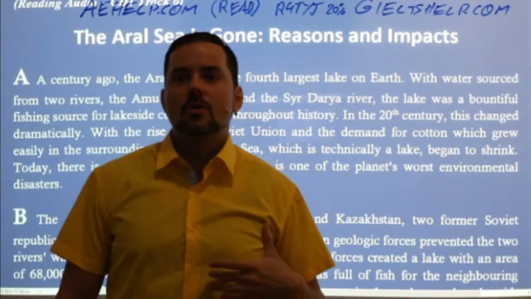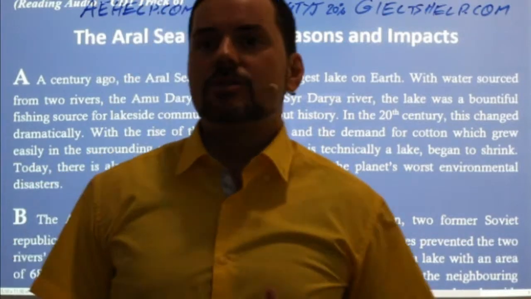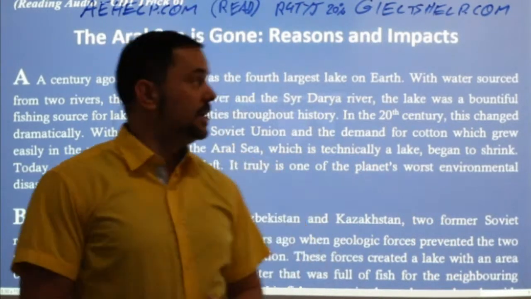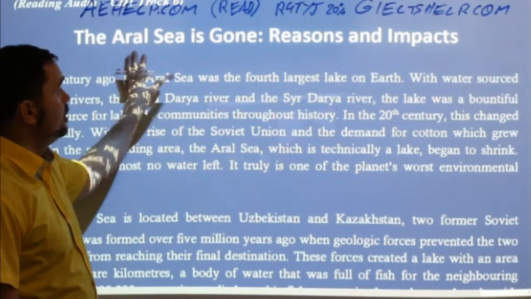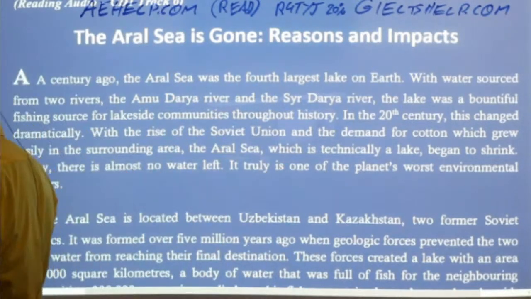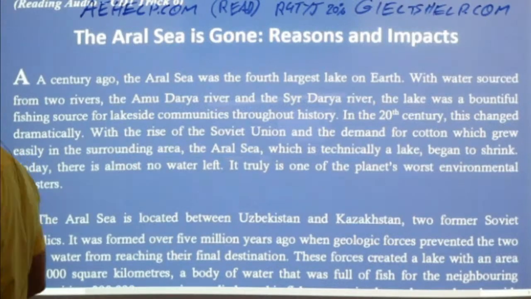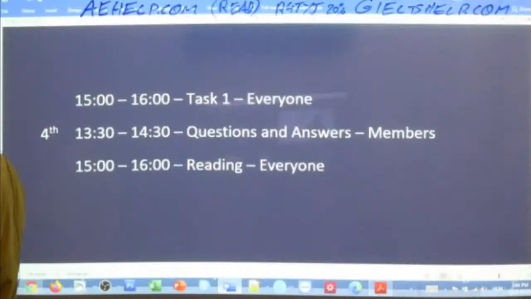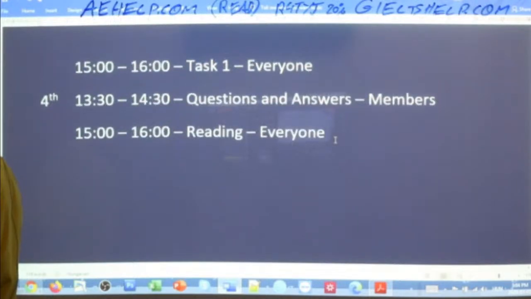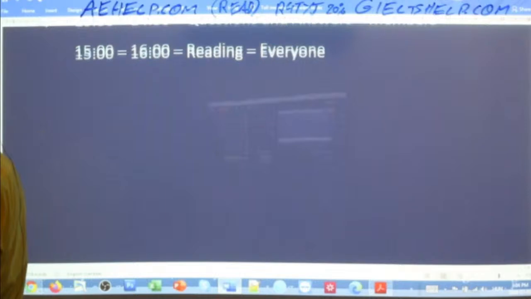So when you read the title and you visualize, as Sami Rocky is suggesting, what comes to mind? When you read this title, "The RLC is Gone, Reasons and Impacts," if you visualize this, what do you think is the reason? The title is the most concise way for the author to explain the information contained in the essay.